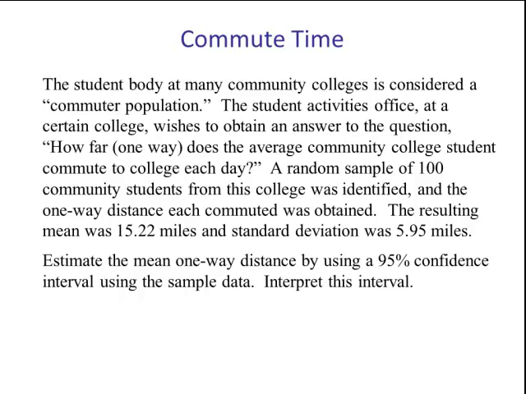Interpret this interval. So the first thing that we have to ask ourselves is, is this going to be a z or is this going to be a t confidence interval? Now we are given a standard deviation, but this standard deviation is coming from the sample. Therefore this is s, and because this is s, we don't know sigma, we use the t.